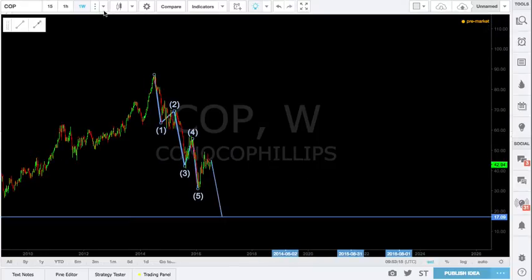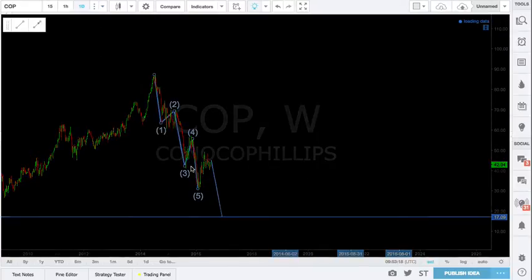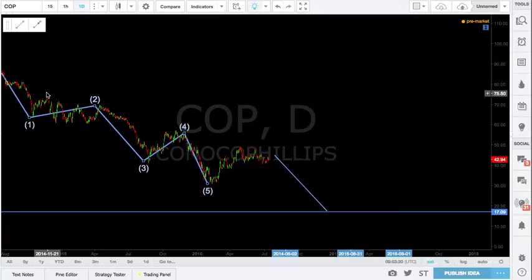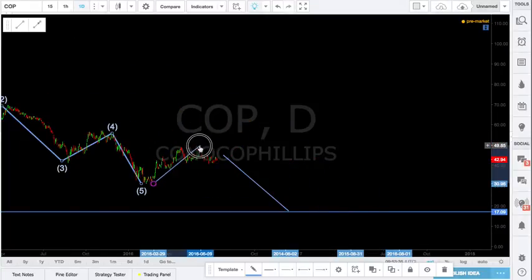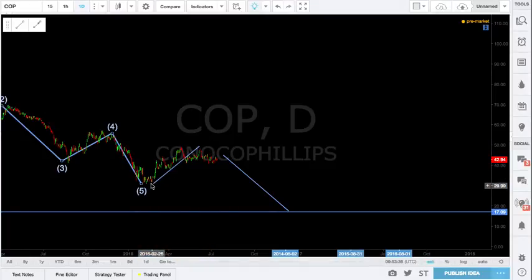And same thing again if we look at the daily chart. I think this one's almost started on its way down, because you can see that it's broken out from that upward channel.